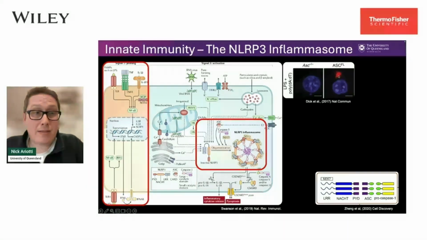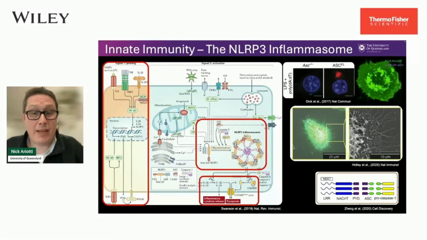You can see ASC up here in red. These are the specks that it forms in the cell, and here are the core protein constituents of this intracellular macromolecular assembly.